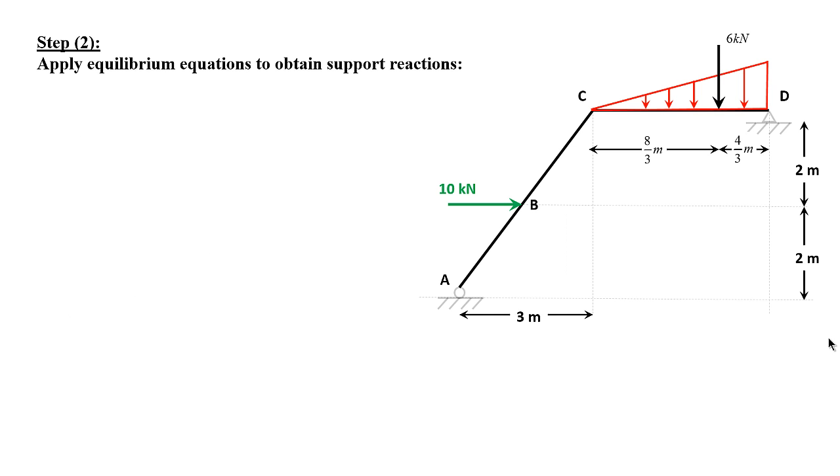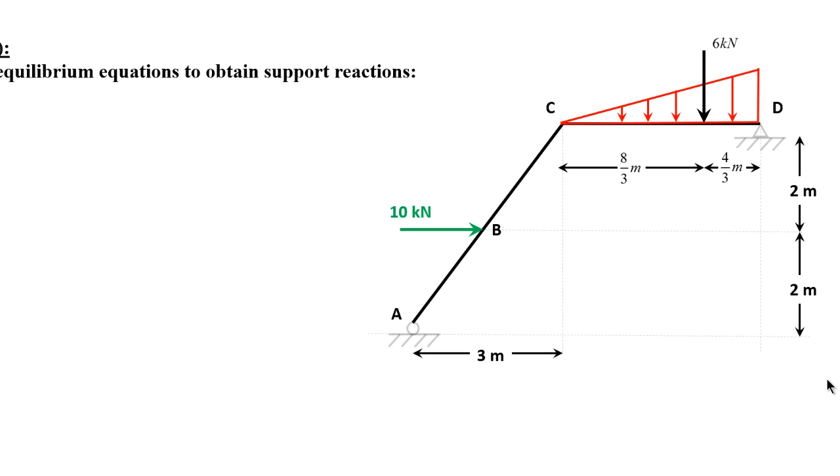Step number 2, we will apply the equilibrium equations to obtain the support reactions. So what are the equilibrium equations I'm talking about? We'll apply the summation of the forces in the x direction equal to 0, the summation of the forces in the y direction equal to 0, and we will pick a point and take the summation of the moments about this point.